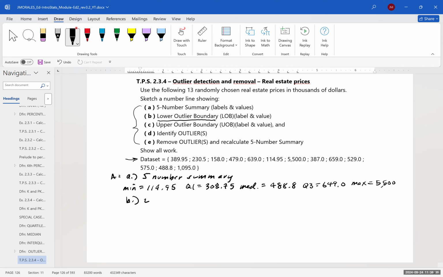Right. Now, part B is to calculate the lower outlier boundary. So the lower outlier boundary is the first quartile minus 1.5 times the interquartile range. Okay, so we haven't calculated the interquartile range yet. And the interquartile range is a third quartile minus the first, which is going to be equal to the third quartile is 649, and the first quartile is 308.75.